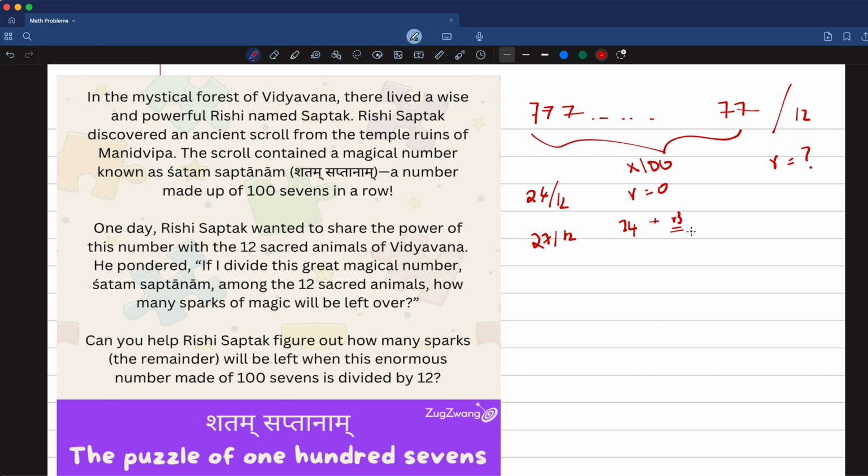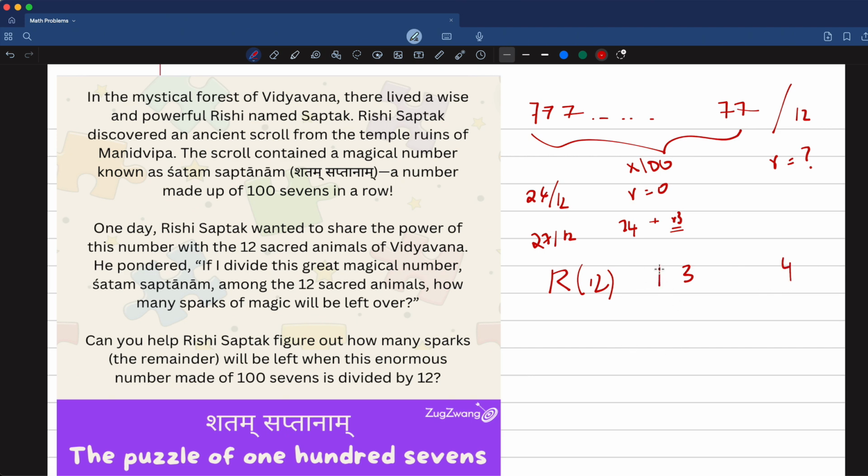So when you deal with a very large number and you're trying to find out the remainder, one of the ways to go about it is the rules of divisibility. So what is the rule of divisibility for 12? It's very simple. It's nothing but 3 and 4, because 12 is 3 times 4.